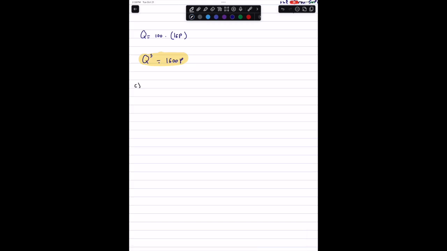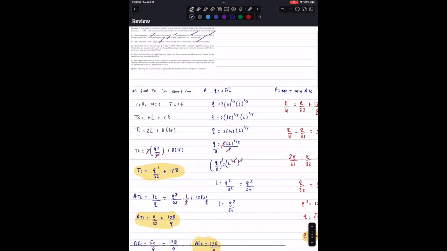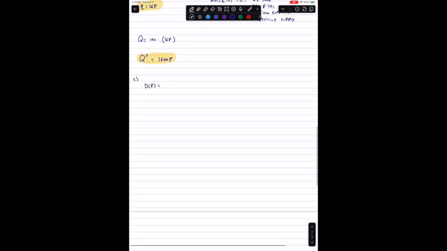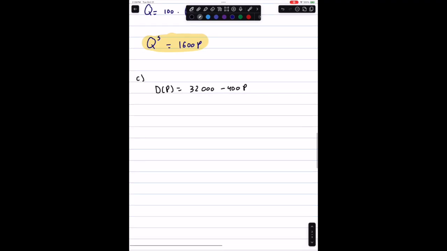So I'm going to put part C. The demand of P is equal to, what was it? It was 32,000 minus 400P.